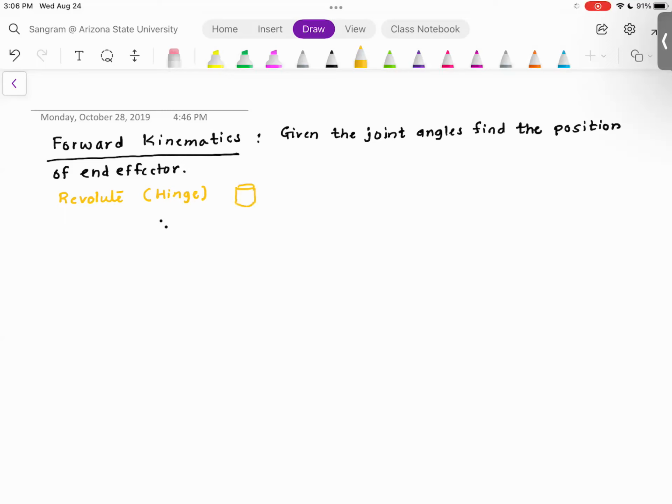And what you have is a prismatic joint, which is like a cylinder piston. So that is actually shown something like this.